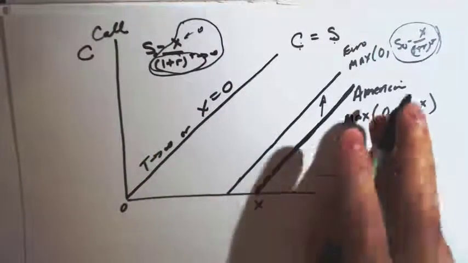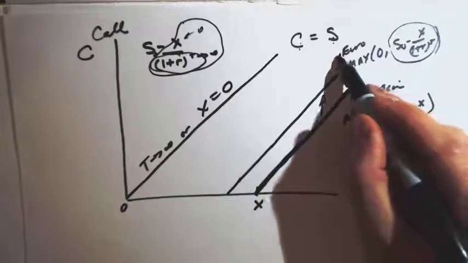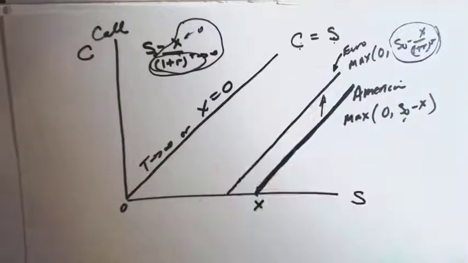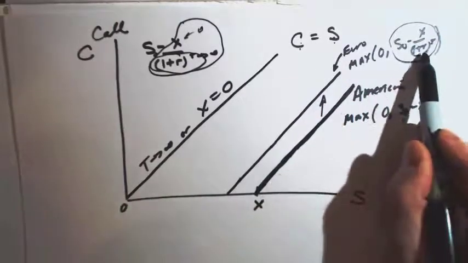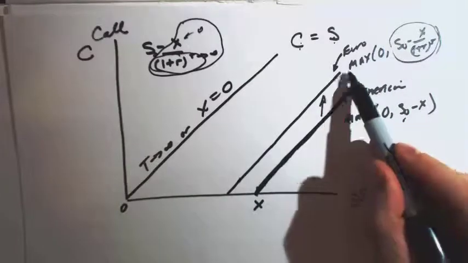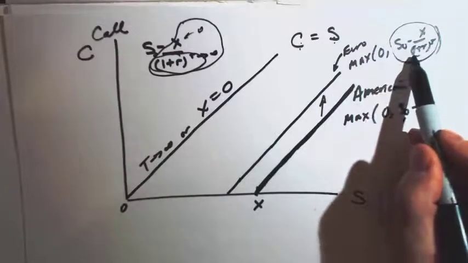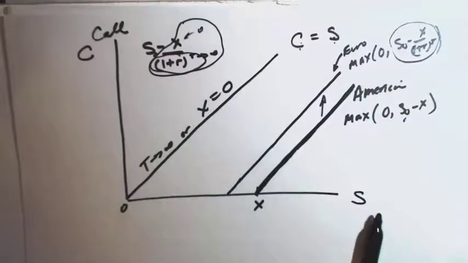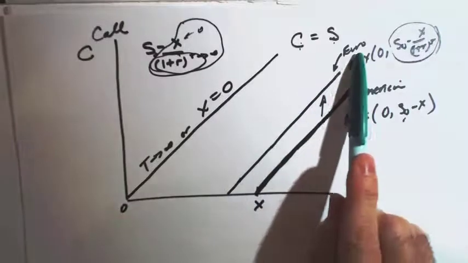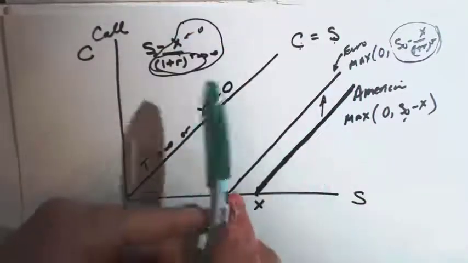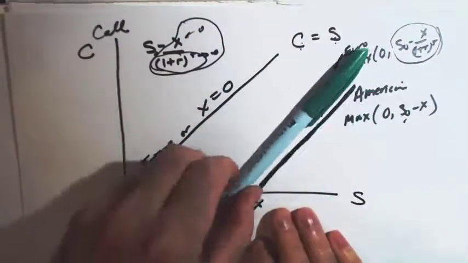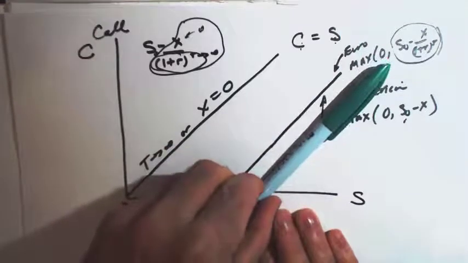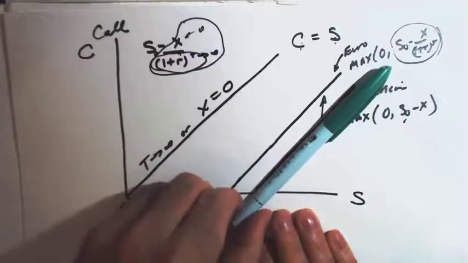Okay, so this is the European boundary. This is the European boundary before expiration. Because as these European contracts expire, this line right here will melt into this dark heavy line that I'm overlaying right now.